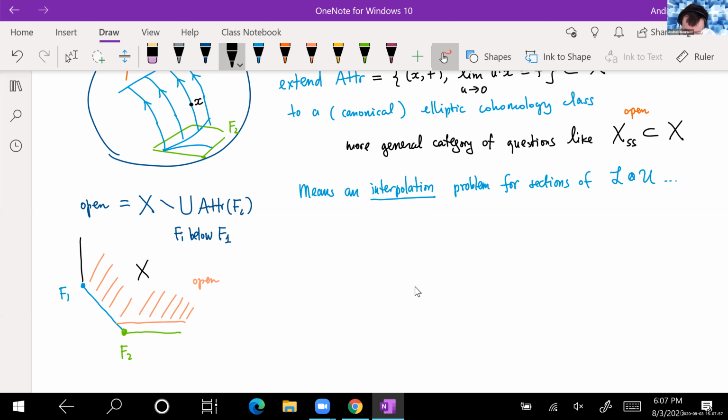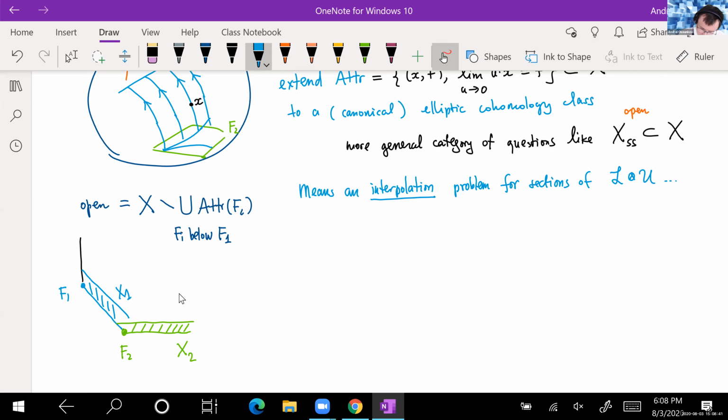So if I have cohomology of my whole X, let me have slightly different notation. Let this part be X2, and then this part would be X1.